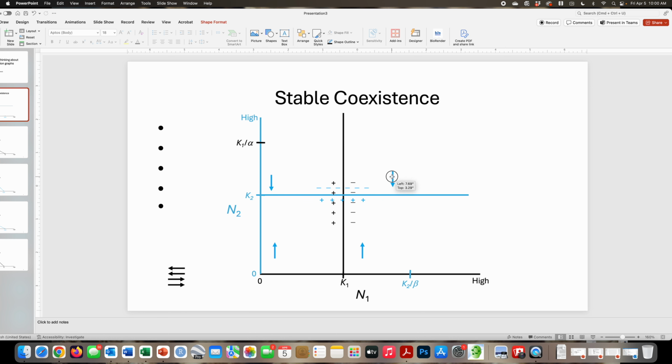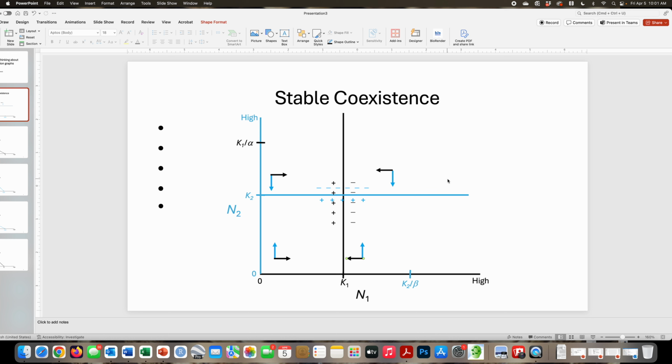And in a similar way, species 1 below its carrying capacity would be increasing, and species 1 above its carrying capacity would be decreasing.